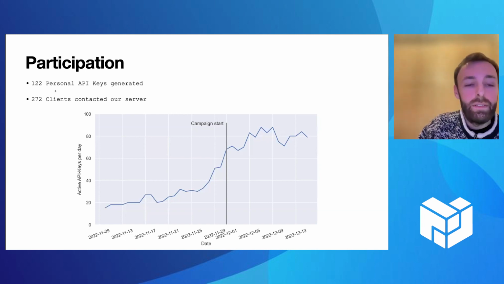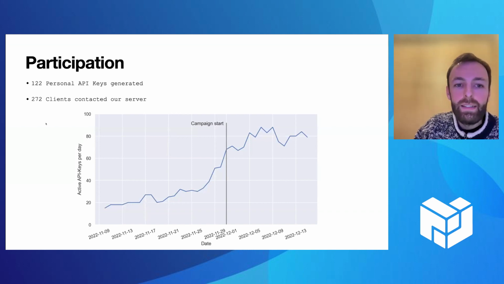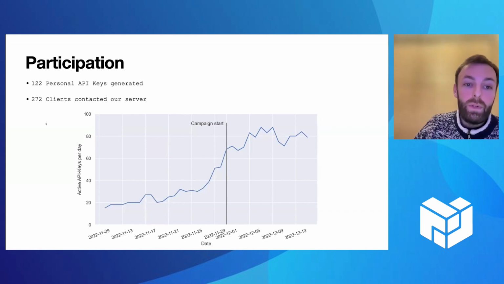I sent out around 120 API keys, and actually 272 unique clients had contacted our server. So those 89 active clients per day could differ from day to day.